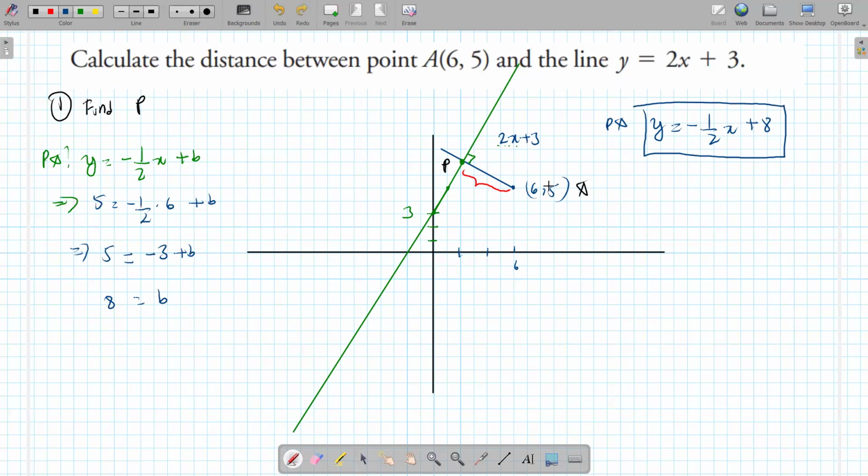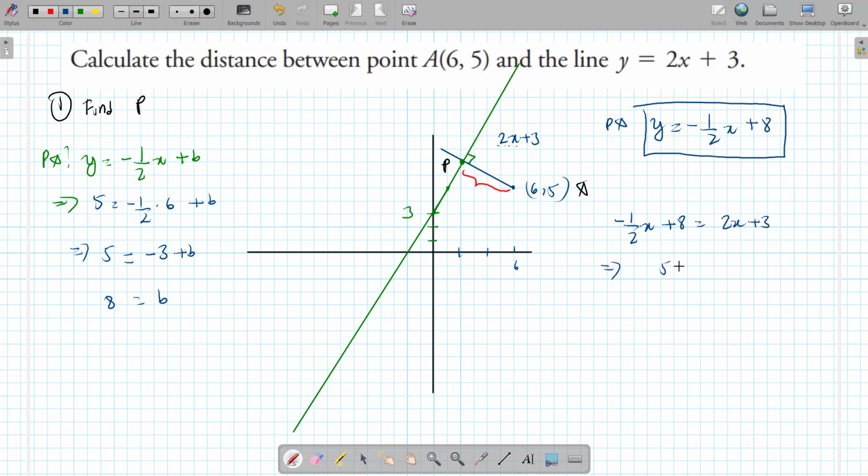Now, how do we find this point, P? The hint is that that's where these two lines meet. You set the 2 equations equal to each other? Exactly. So you just do y1 equals y2, or you do -1/2x plus 8 equals 2x plus 3, like that.